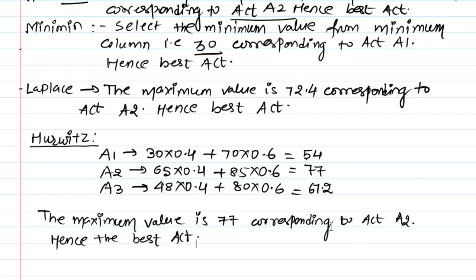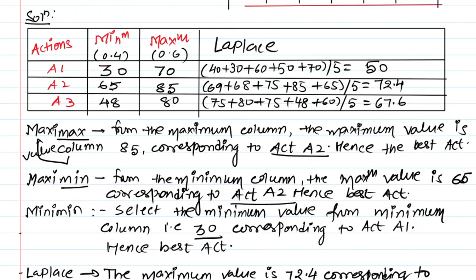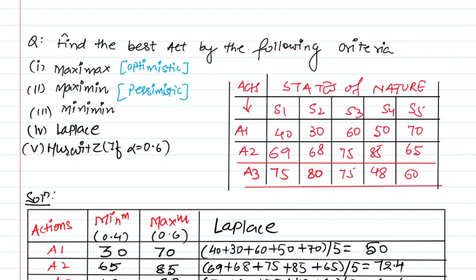Fine. So this was all about this particular question. Let's recap. This was the question which was given to us. We had to find the best act by the given criteria: Maximax, Maximin, Minimin, Laplace and Hurwitz. What we have done, you can see the headings as actions, minimum, maximum and Laplace.